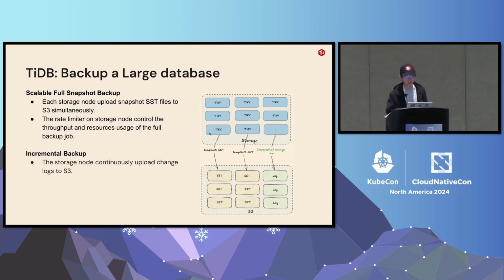We also introduced a rate limit on our TiKV internally, so we can limit the resource and the throughput each TiKV uses for this backup job, so we can make sure the latency of the online traffic is acceptable.